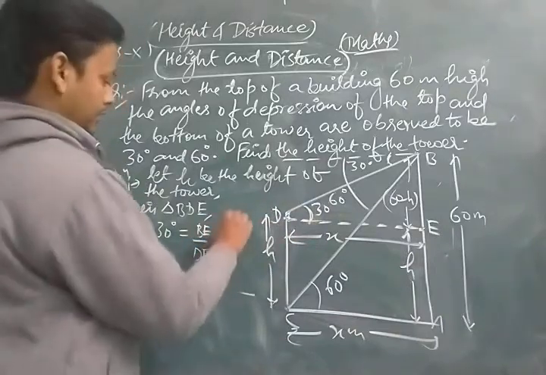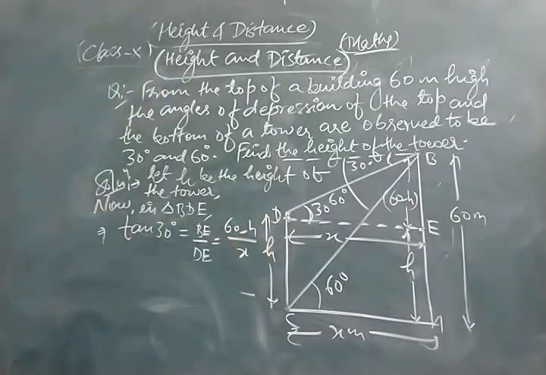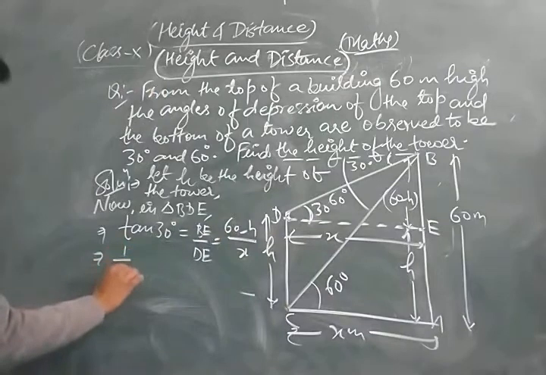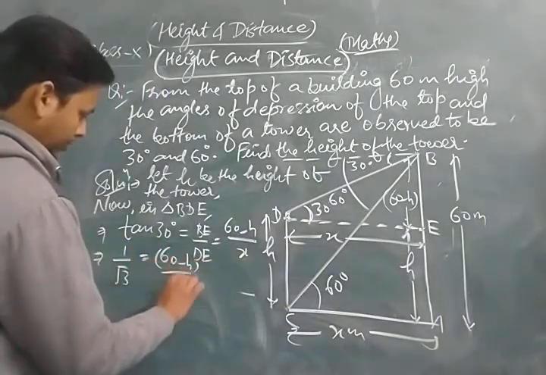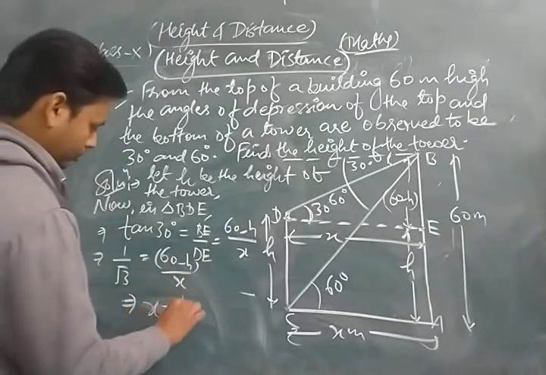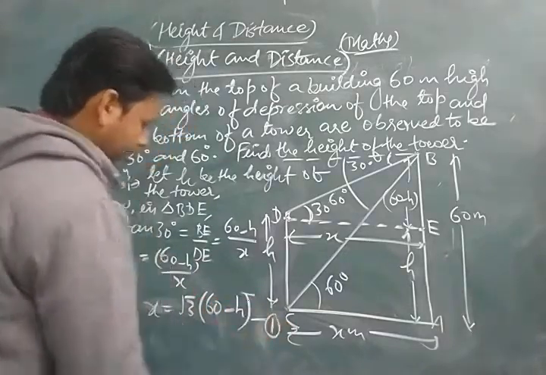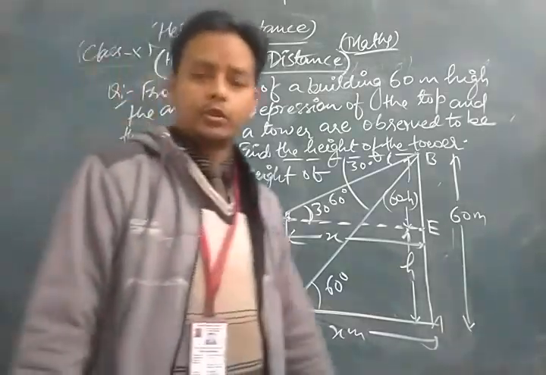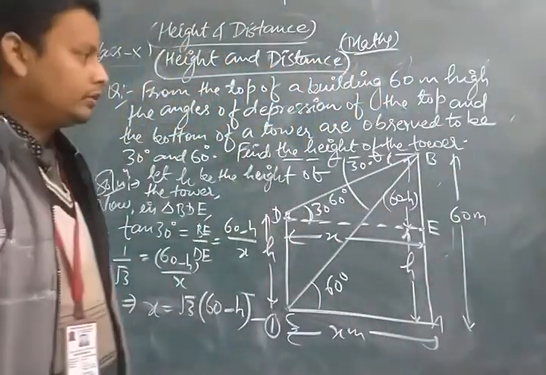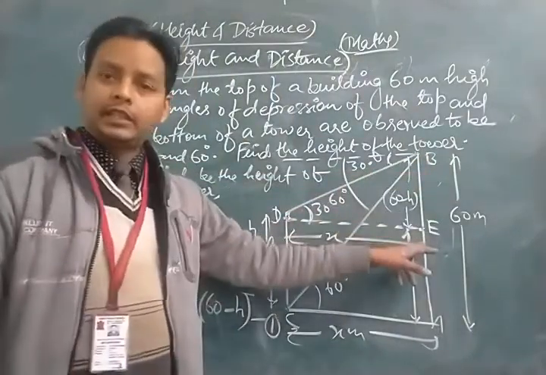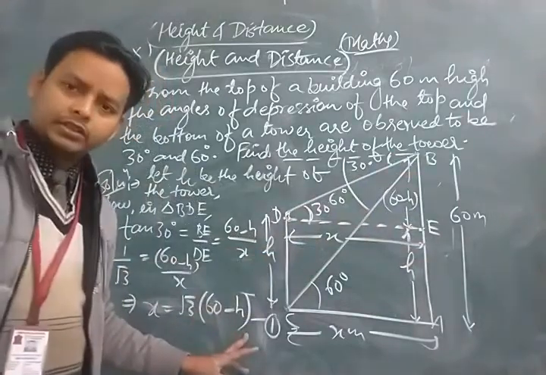BE is 60 minus H, and DE is X. The value of tan 30 is 1 upon root 3, which equals (60 minus H) upon X. Now we cross multiply, so X equals root 3 into (60 minus H). Take this as equation number 1. First of all, we take triangle BDE and from there we find the value of X in terms of H.